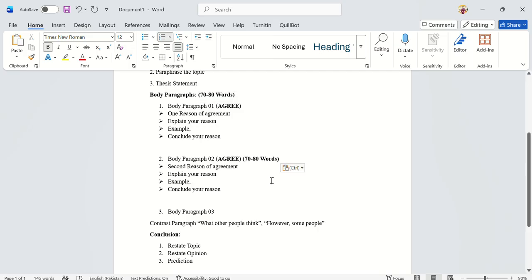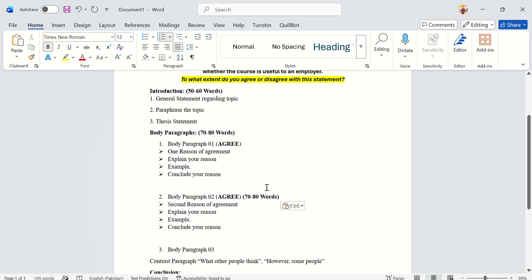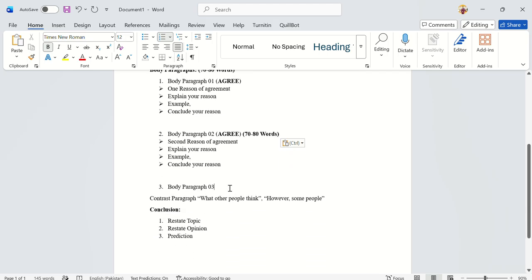Again you can write 70 to 80 words for body paragraph 2, and for body paragraph 3 again you can write enough, like 20 words, and in conclusion you can write 30 to 40 words. Enough.